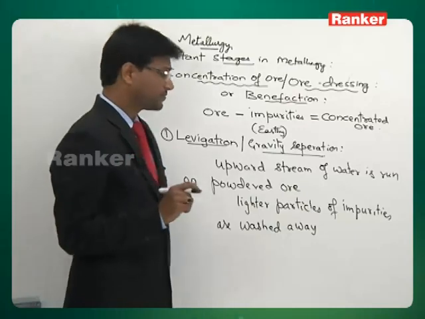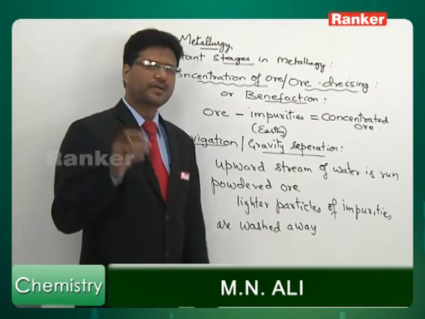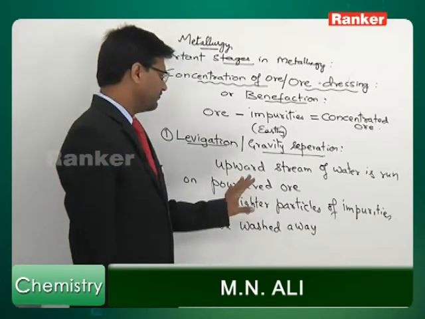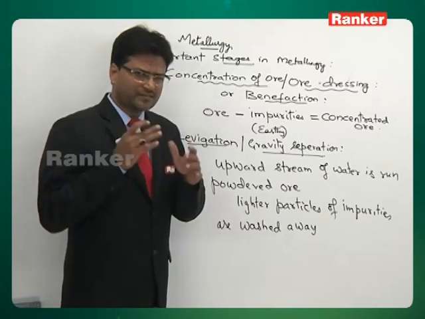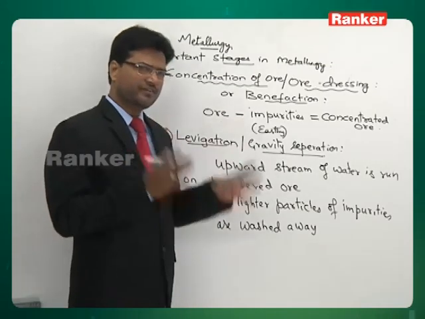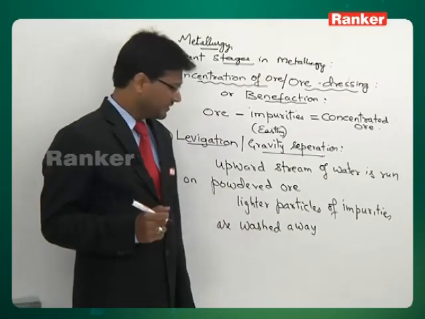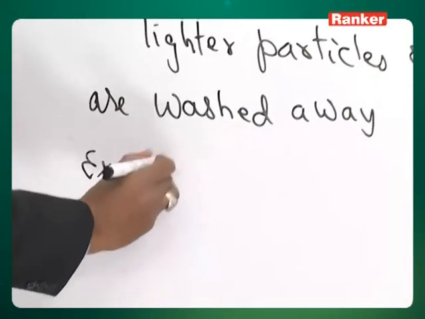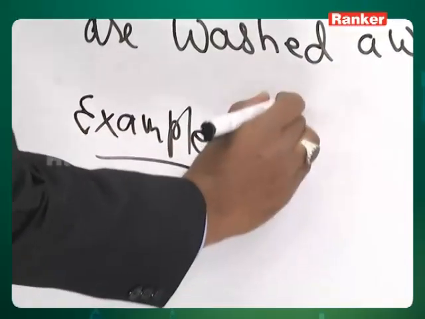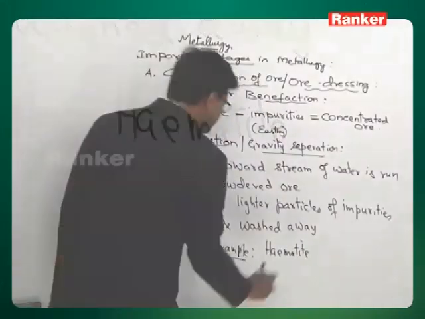I told you we are exploiting difference in the specific gravities of the metallic compound present in the ore and the impurities present in the ore. We take powdered ore and we run upward stream of water, and the lighter particles of impurities are washed away and heavier ore particles remain. So in this way it is possible to separate. Example is hematite, it is concentrated in this way.